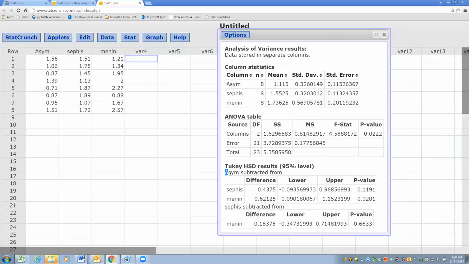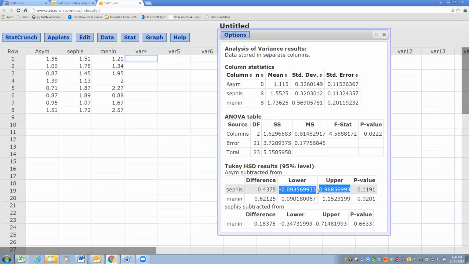The way that it's worded is basically that it constructs a confidence interval for the difference of one variable from another. So in this case, if I take the asymptomatic individuals and look at the average difference from those with sepsis, and I create a confidence interval, it gives me a lower bound and an upper bound.